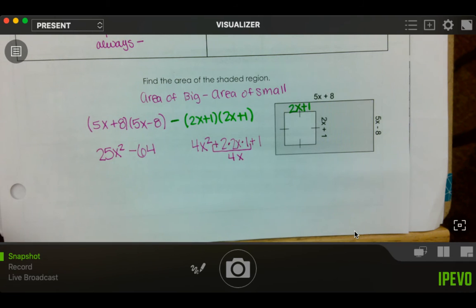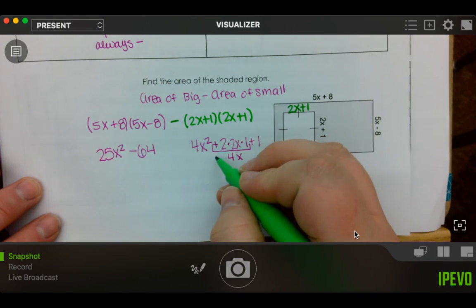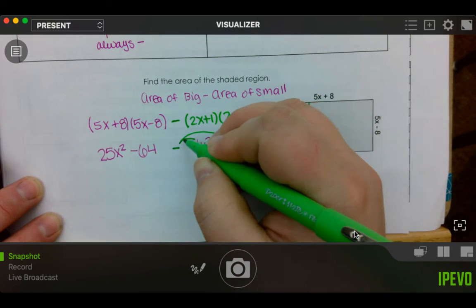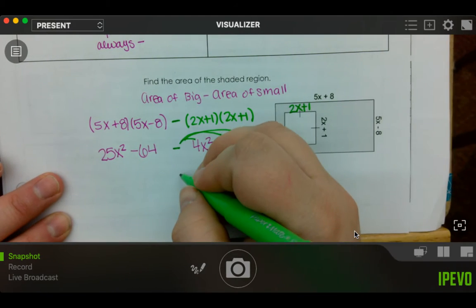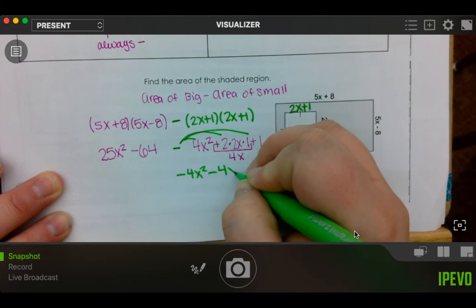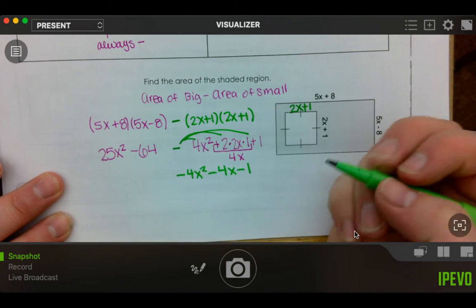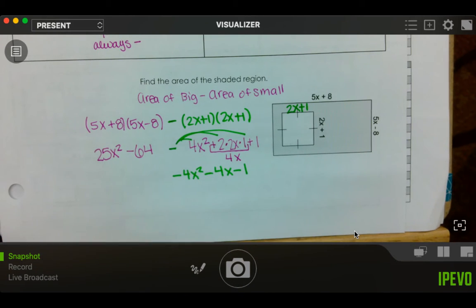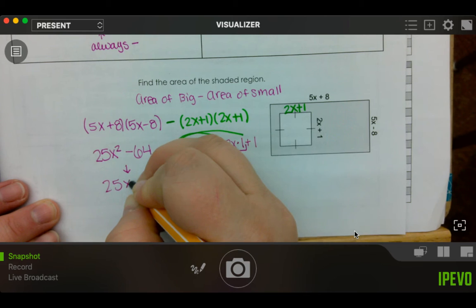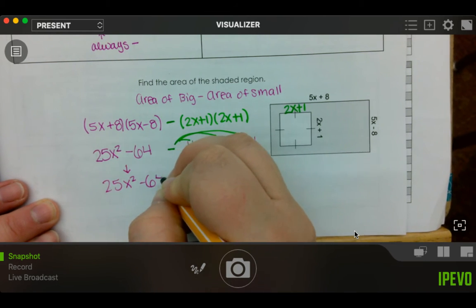So what I need to do is subtract these from this. So I'm going to distribute this negative, which is going to make this negative 4x squared, negative 4x, and negative 1. This side over here stays the same though, because it's not the thing being subtracted.